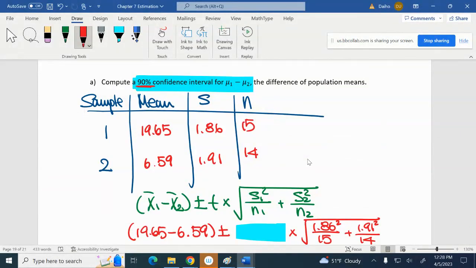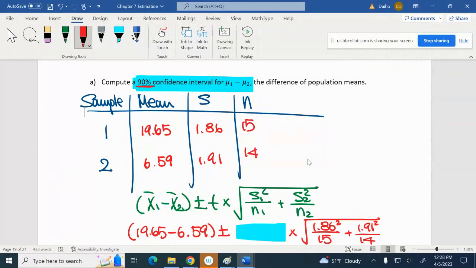The confidence level is 0.9 in the middle column. And now we need the degrees of freedom. Before, we had only one sample size. What was the degree of freedom? N minus 1, yes.